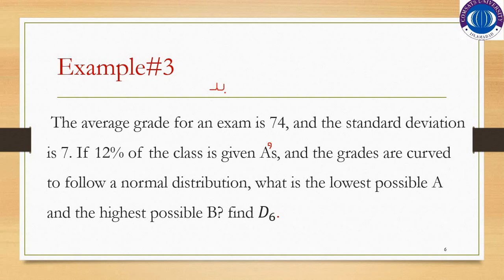Here we have mu is equal to 74 and sigma is equal to 7, and our random variable is following the normal distribution as it is written there.